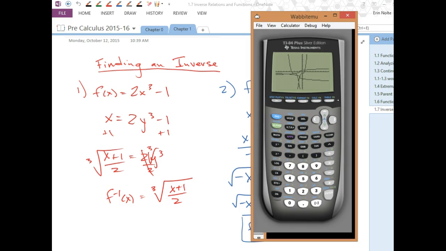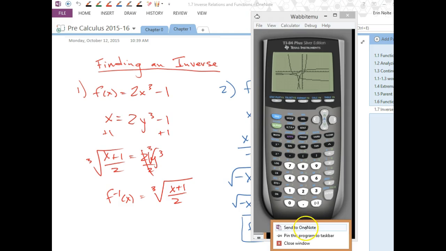Turn it and flip it. Okay, let me show you something here with, let's see if I can take a little screenshot of this.